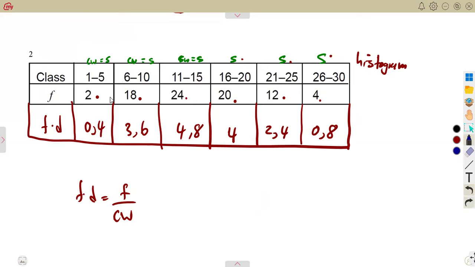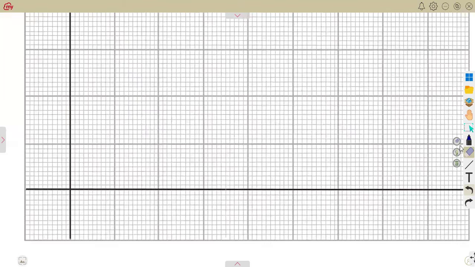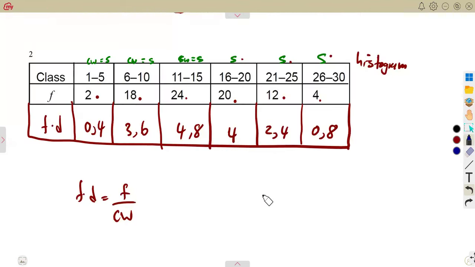Since it is 1 to 5, we start from 0 to include that 0: 0, 5, 10, 15, 20, 25, 30, until we have something that contains the 30. So we can end at 30.